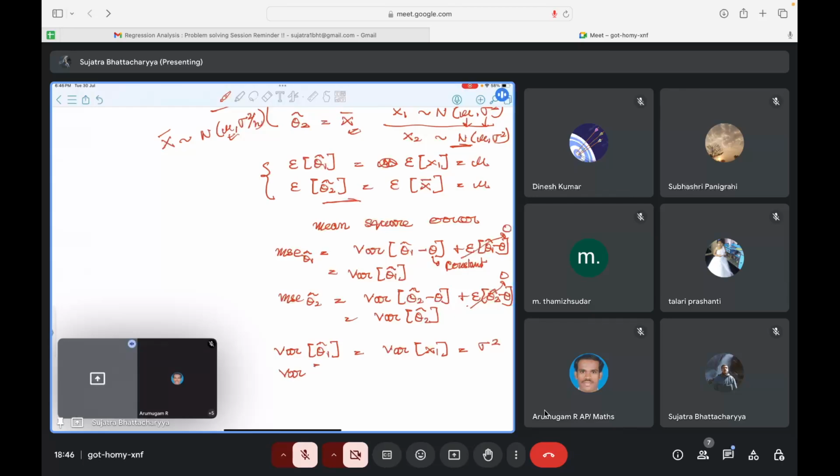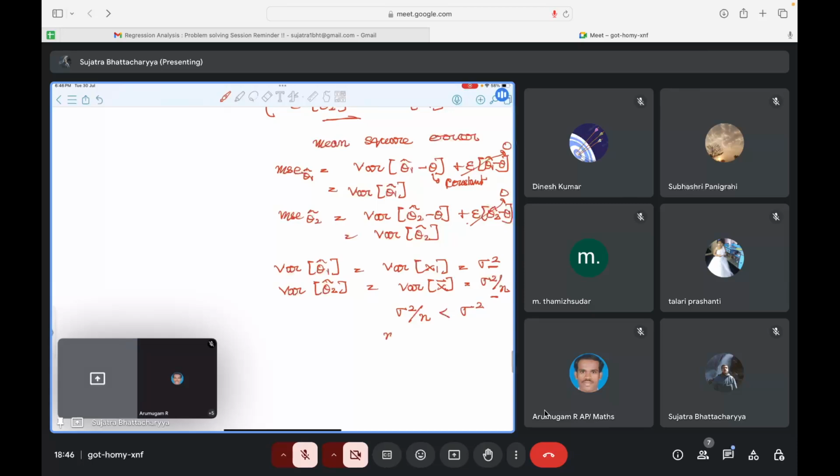What about variance of theta 2 cap? Variance of x bar, which someone has chosen. I'm just telling you. So this becomes sigma square by n. Now, which one is the better estimator? Is theta 1 cap the better estimator or theta 2 cap? See, this variance is very high, but this is divided by n. So, of course, sigma square by n is less than sigma square.